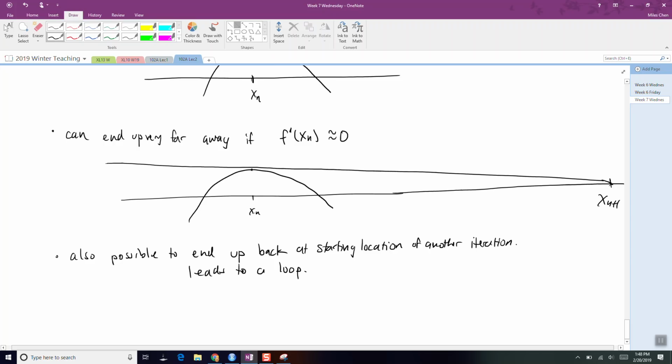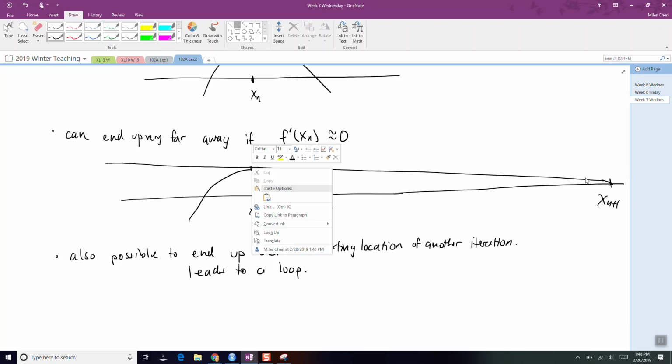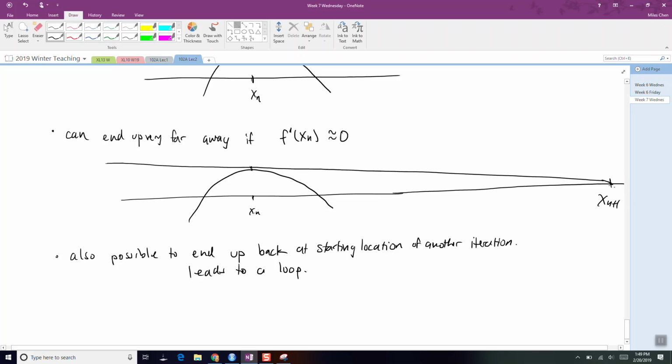Let's say for whatever reason you happen to start here, and just the sequence of the algorithm ends up putting you here, and when you end up here, it shoots you back to the location where you started from, okay? And so now you're just following the sequence, but because of this weird thing that shoots you far away, you end up back at where you started from, and you end up going through the same locations and things like that, okay? And so that could also happen, right? So there's no guarantee that it's going to work. A lot of times it works, but there's no guarantee that it does.